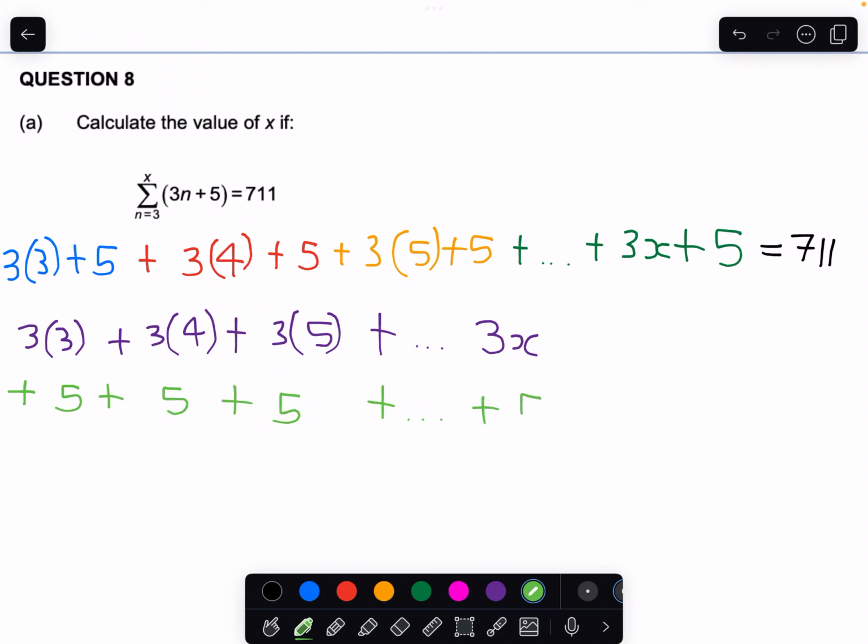So this is the first pair of terms, the second pair of terms, the third pair of terms, and so on until we get that last pair of terms. And adding these all together has to give us 711.